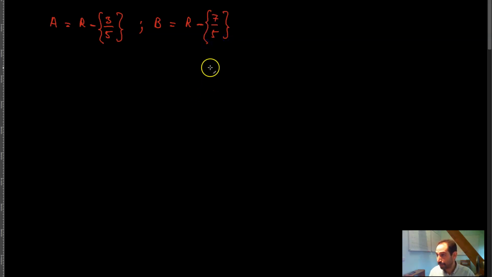because that way things will get a little bit messed up. So we have two sets over here. Let's say that we have a set A here, which is r minus 3/5, and we have another set here which is r minus 7/5, right? So we have these two sets here.